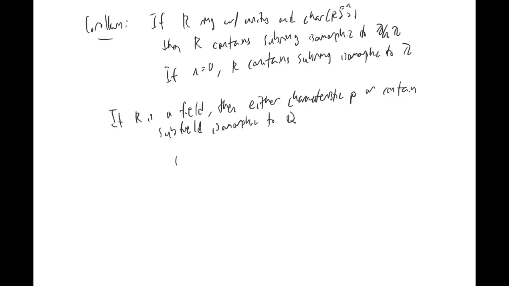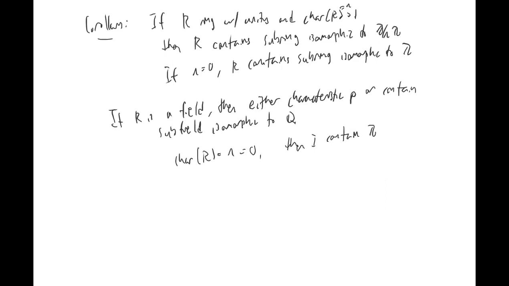If the characteristic of R is 0, then I contain Z. There are many ways to argue this, but R is a field, and Q was the quotient field, the smallest field containing Z. So since R is a field and Q is the smallest field containing Z, and R contains Z, R must contain Q, or it's equal to Q.